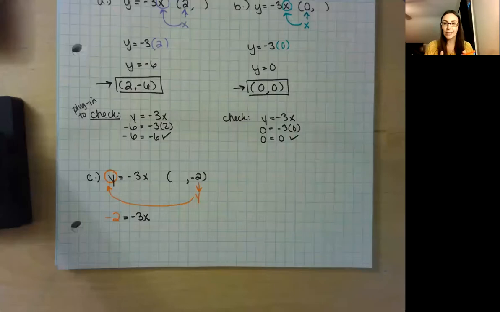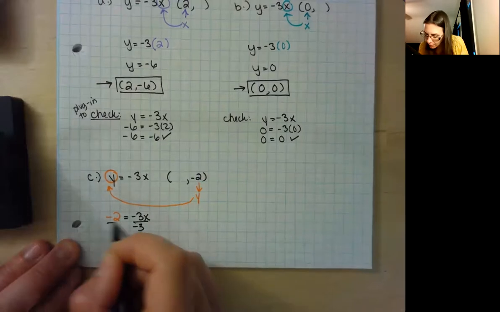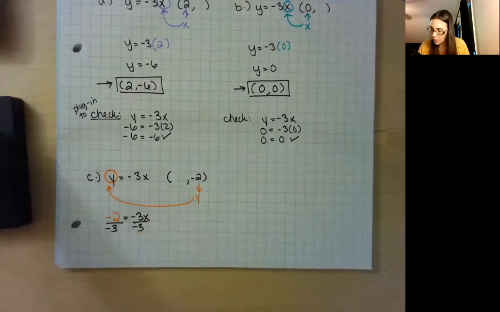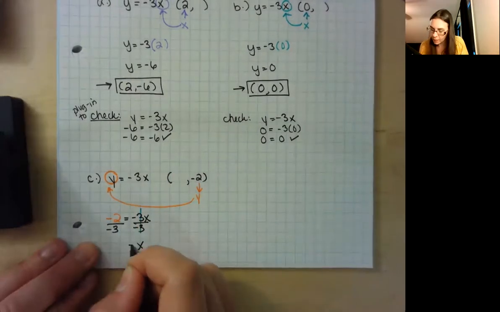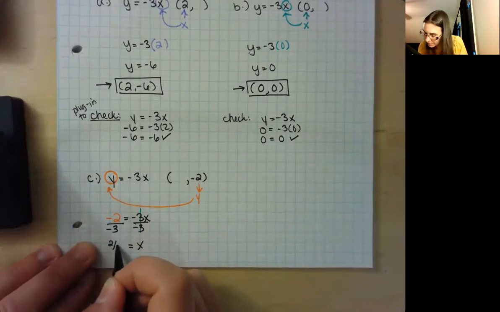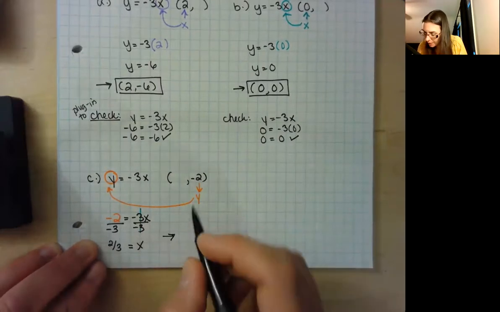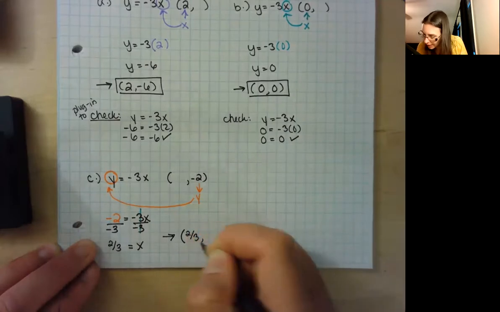Well, I'd want to get the x by itself, and I want to get rid of that -3. So I'm going to divide both sides by -3 in order to cancel it out. So x is equal to, now the two negatives will cancel for division, and I have 2/3. So my solution is going to be 2/3 comma -2.